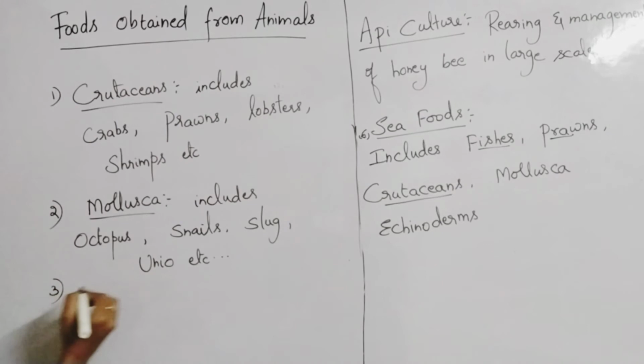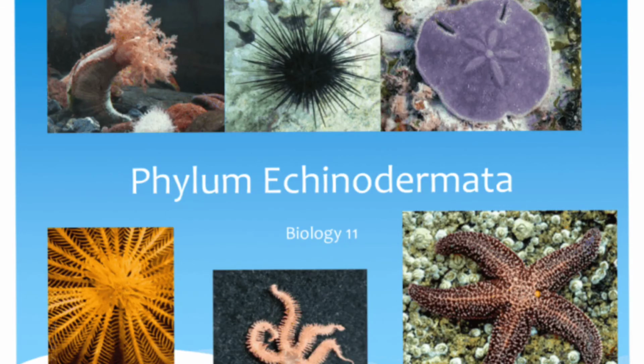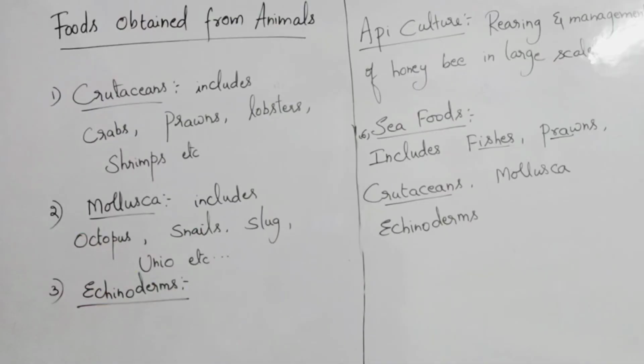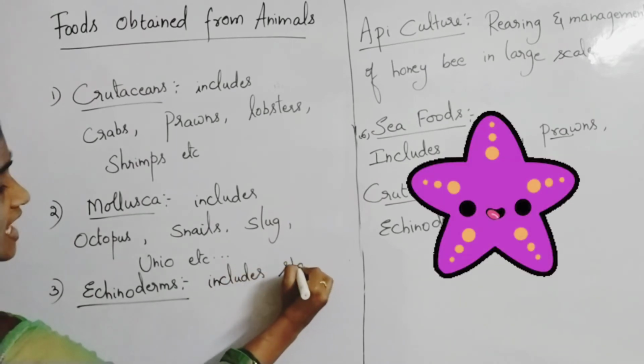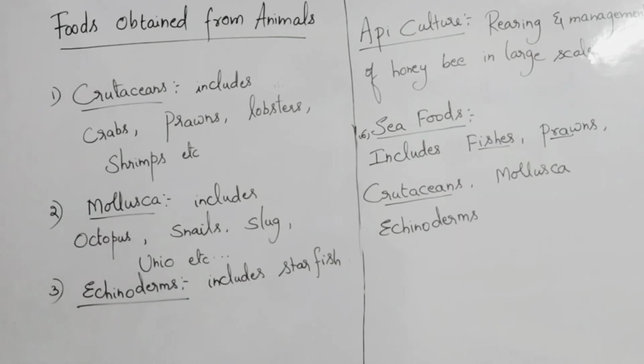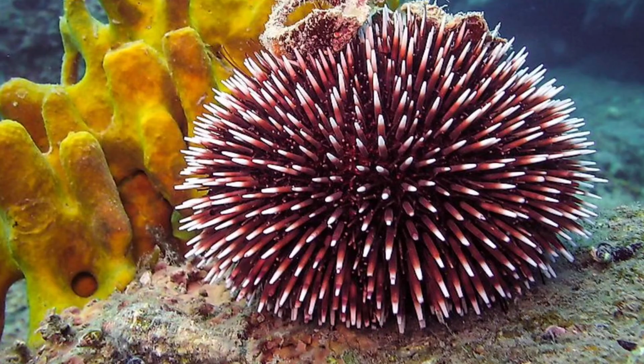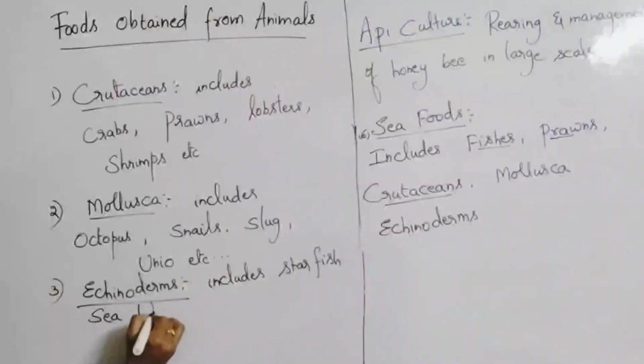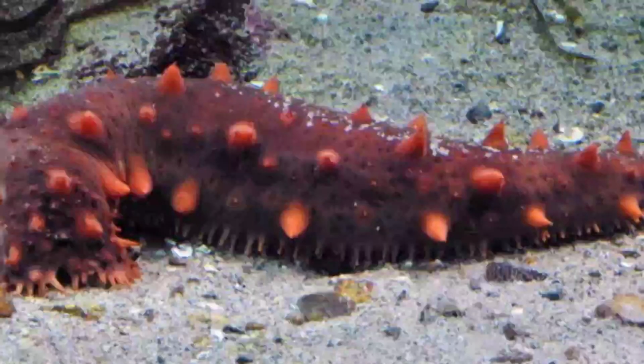And the third one is echinoderms. What are the examples for echinoderms? You all know, it includes starfish, sea urchins, and sea cucumbers.